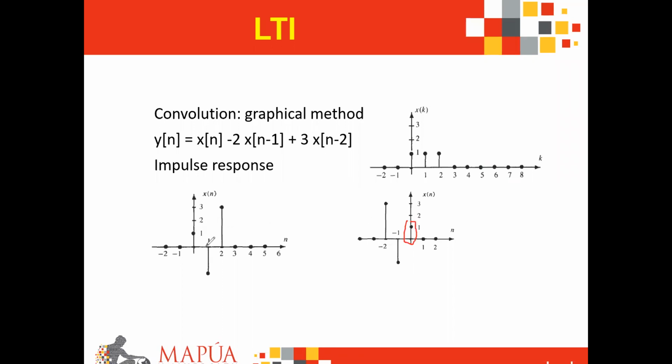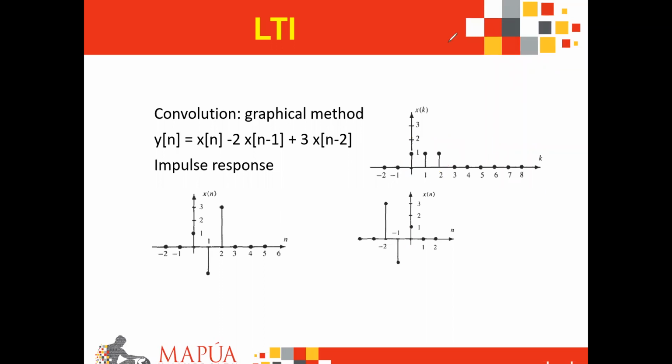Ito pa rin yun. However, this one becomes the value at -1 and this one becomes the value at -2. Nakuha ba? Although technically, you could also flip this. Pwede rin. Either the impulse response or the given input signal can be flipped.